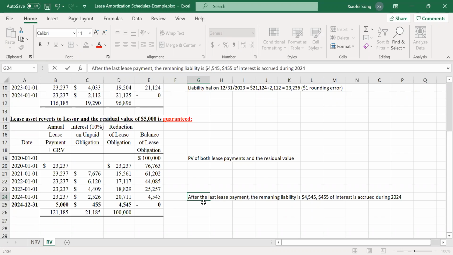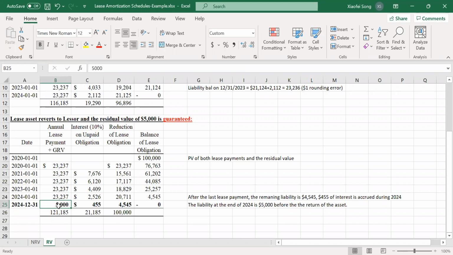So the liability at the end of 2024 is 5,000 before the return of the asset, not the payment.